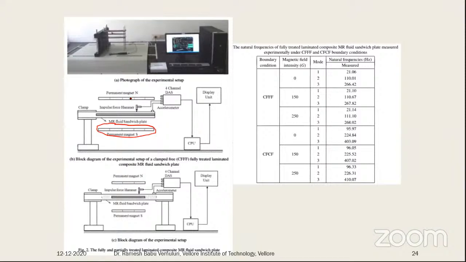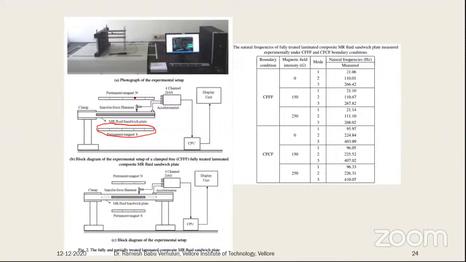By altering the distance of the magnetic plates from the face of this surface, we can change the magnetic field.